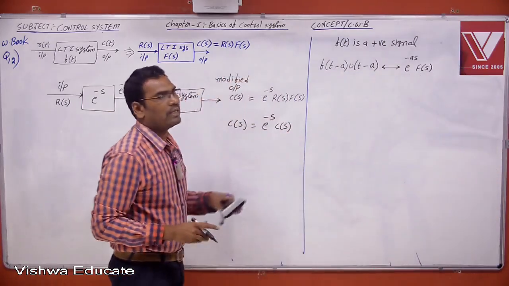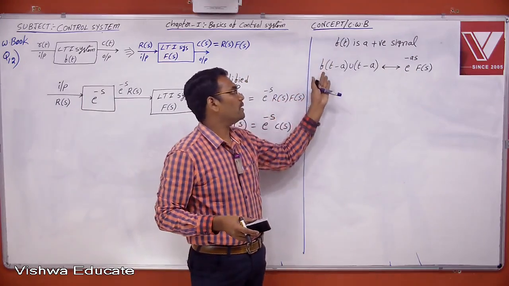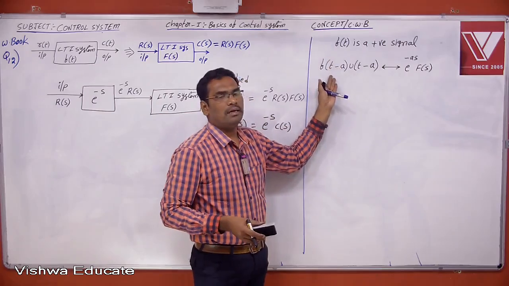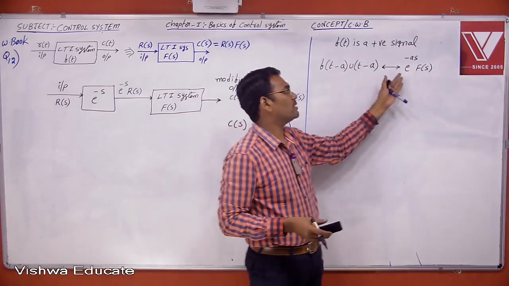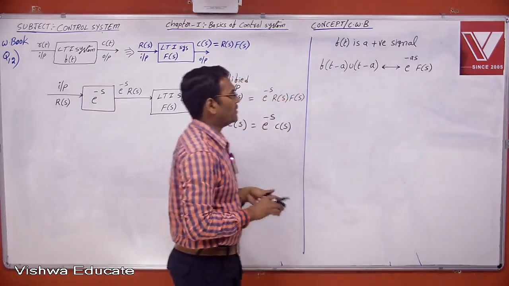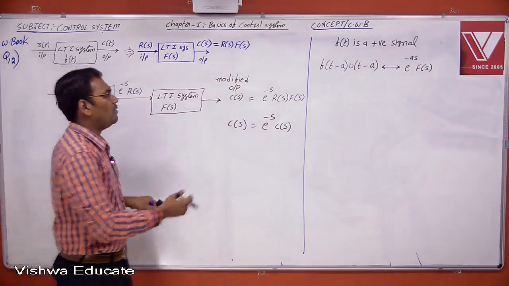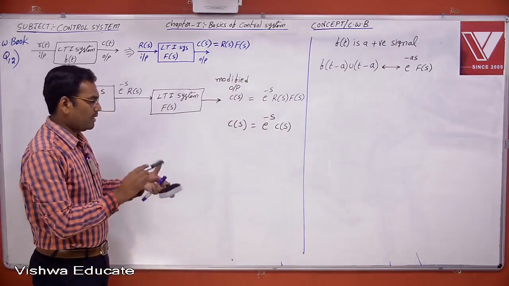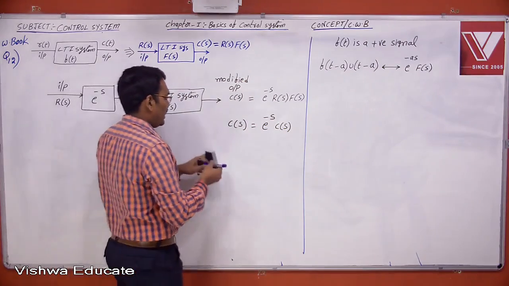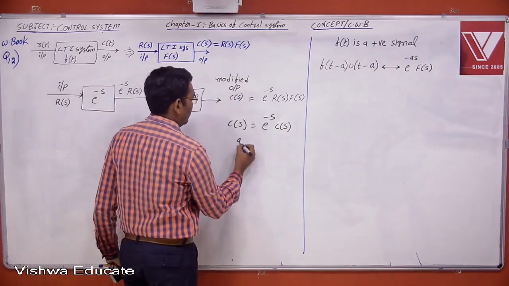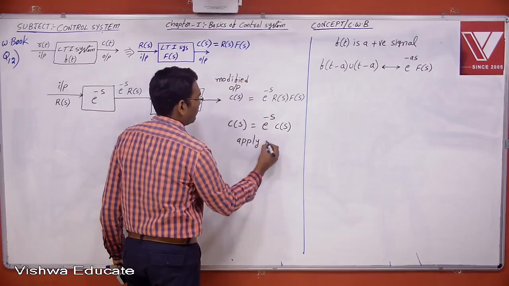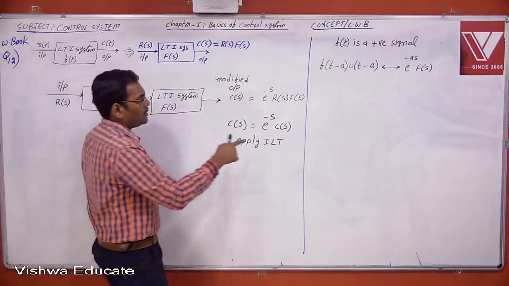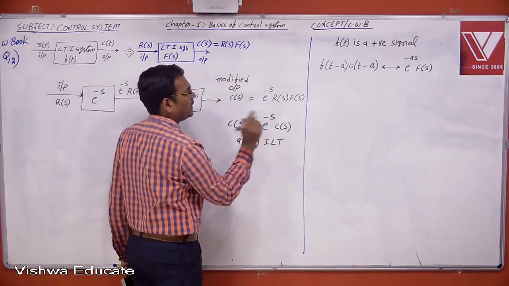Now this is the time shifting: when this positive signal in the time domain is delayed by an amount of a units, the transform is e power minus as into F of s. Then see here, the modified output in time domain: if you apply the inverse Laplace transformation, we have e power minus as into C of s.